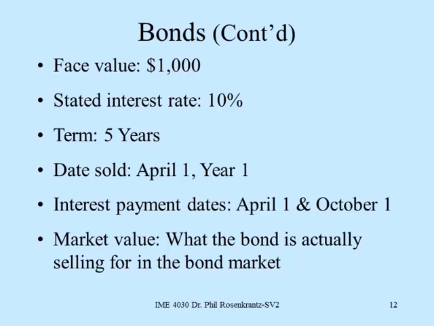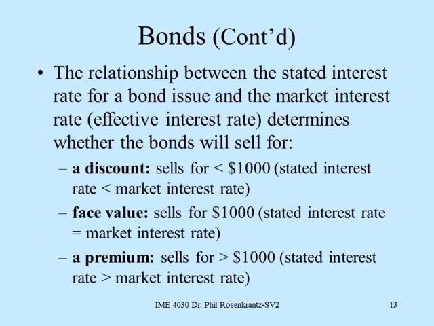Okay, let's go to slide number 13. Now the relationship between the stated interest rate for a bond, the 10% mentioned on the previous slide, and the market interest rate determines whether the bonds will sell for a discount, face value, or a premium. If a bond is being sold at a discount, that means it's selling on the market for below $1,000.